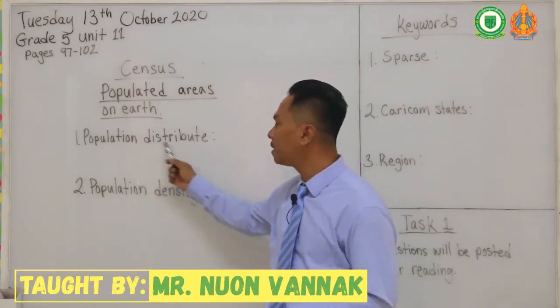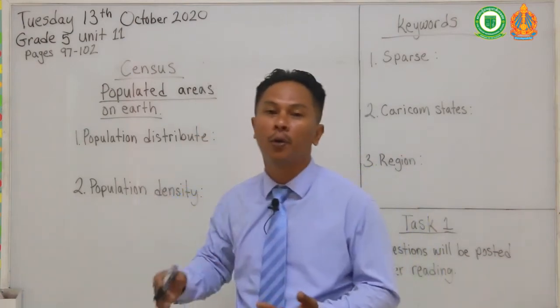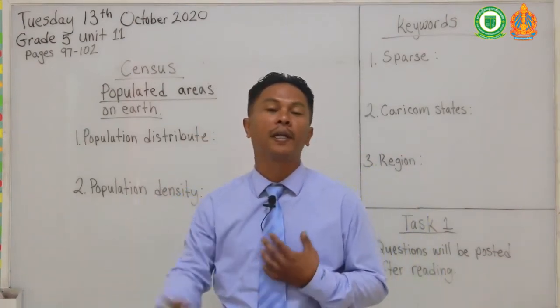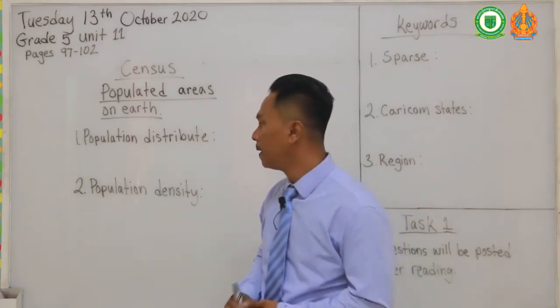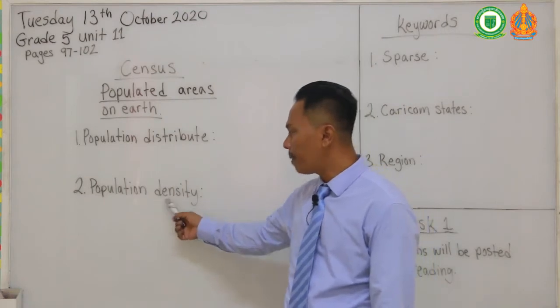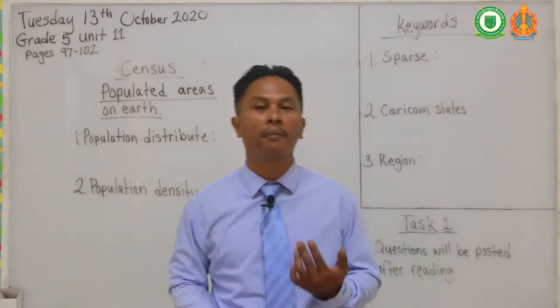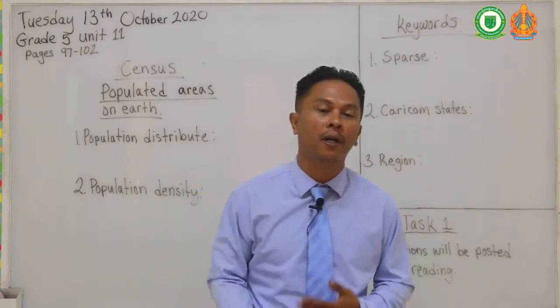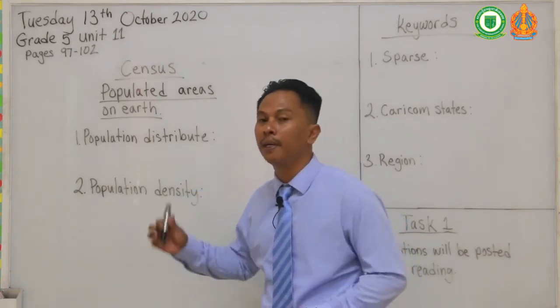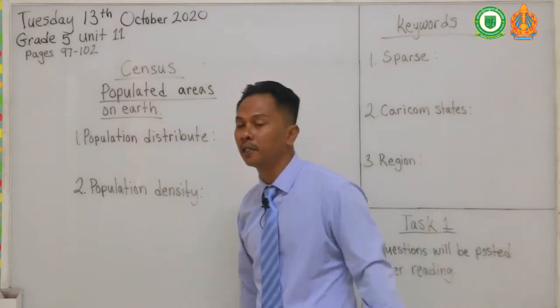So we're going to be looking at the world and seeing how people spread around the world and how many people are there. For number 2, population density. Population density shows the number of people per square kilometer. So we're going to be learning that today in pages 97 through 102.